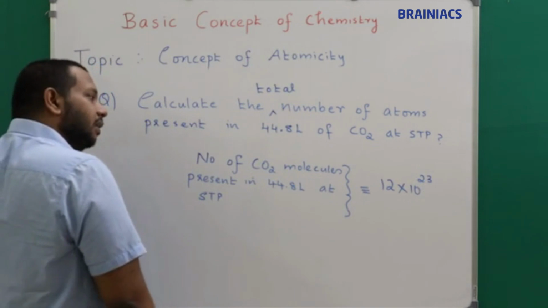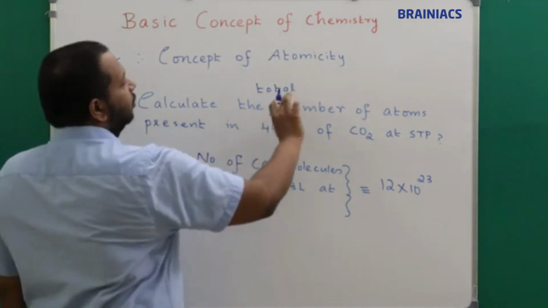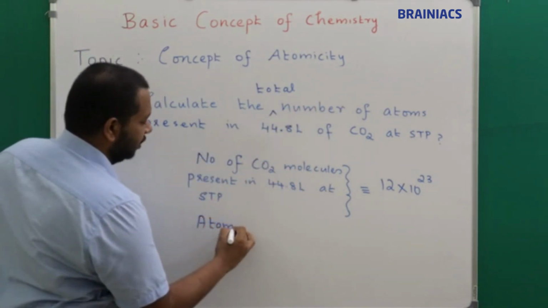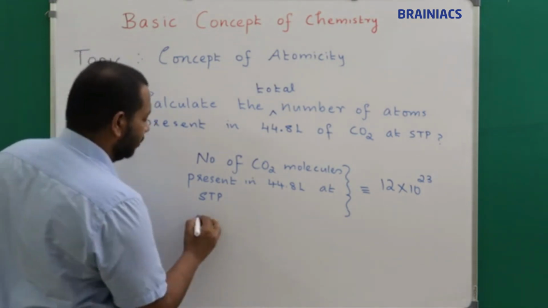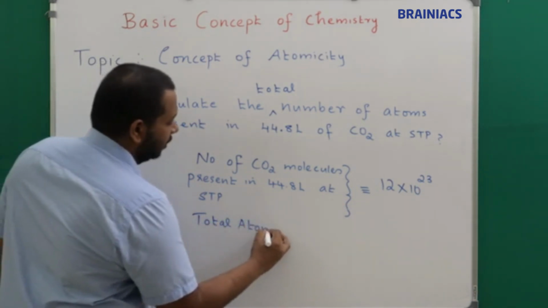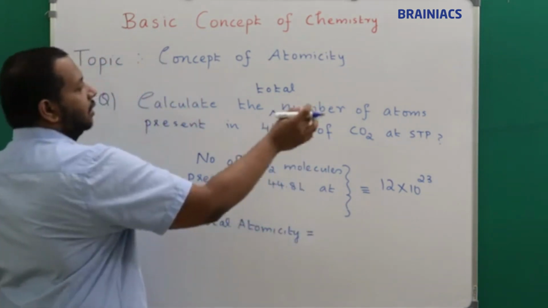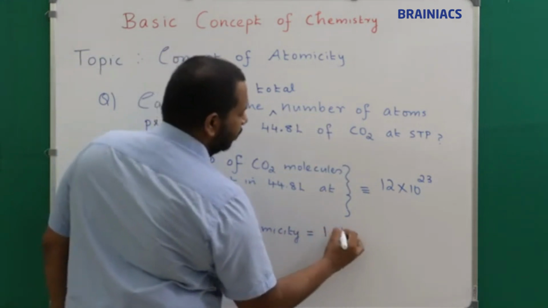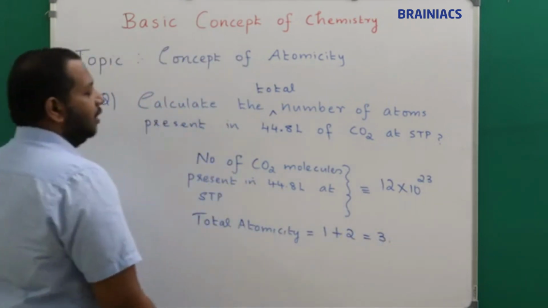Correct. Now what you need to do? They are asking you the total number of atoms. So I will define it like total atomicity, so it will become easy for you to understand. So total atomicity, which will be equal to what? Atomicity of carbon plus atomicity of oxygen. So atomicity of carbon is 1 and the atomicity of oxygen is 2. So the total atomicity is 3.